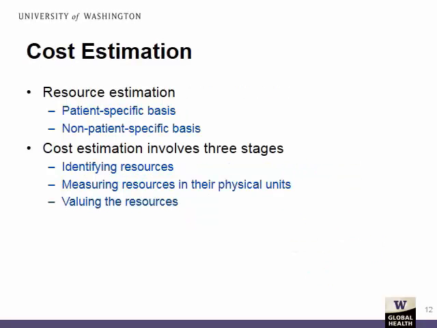So let's move on to cost estimation, and we said that you need to do resource estimation to quantify the amount of resources needed to perform an intervention. And you might do this on a patient-specific basis or a non-patient-specific basis. It involves 3 steps. Step 1 is to identify the resources. Step number 2 is to measure the resources in their physical units.